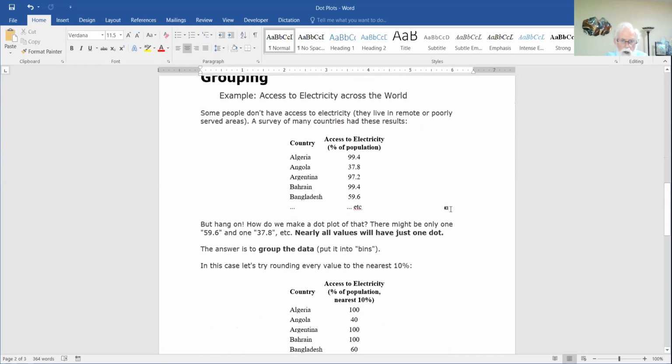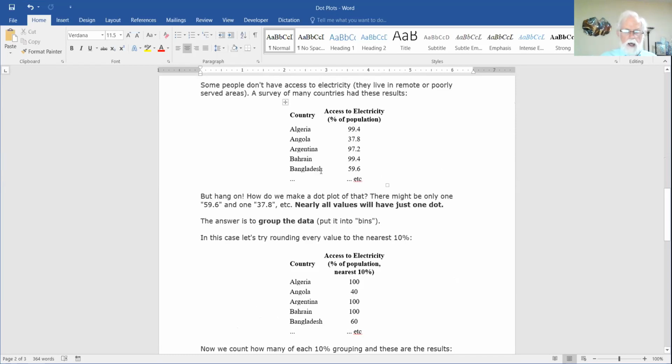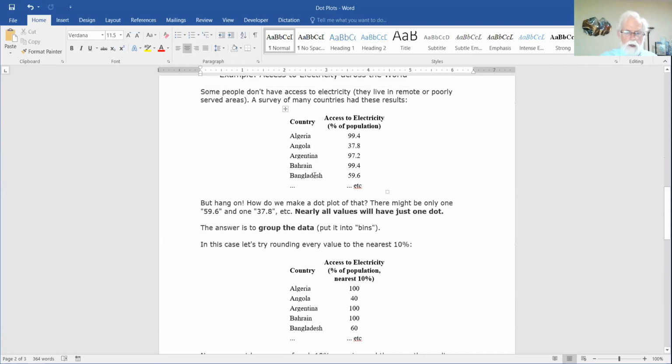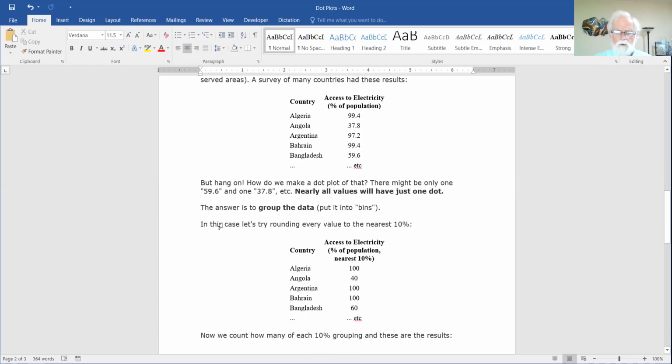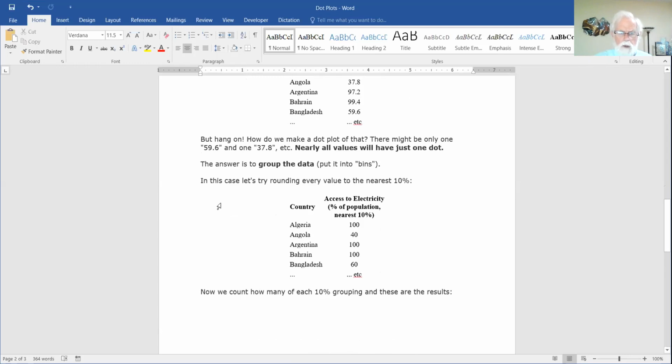Okay. So another way of looking at this is by what we call grouping. And again, grouping is the same as the ranges in a histogram. We have a range. So we're looking at a whole list of countries with percent of the population having access to electricity. There are 212 countries on the planet. So we theoretically could have 212 numbers.